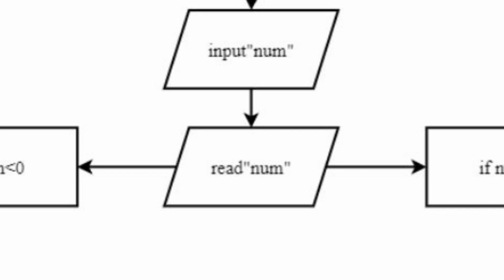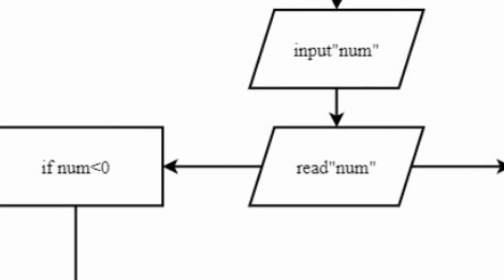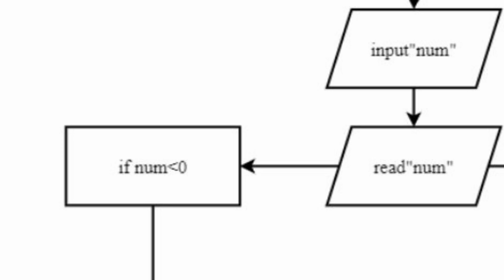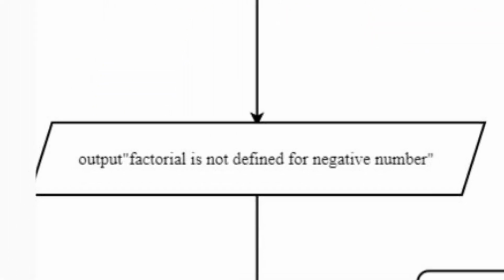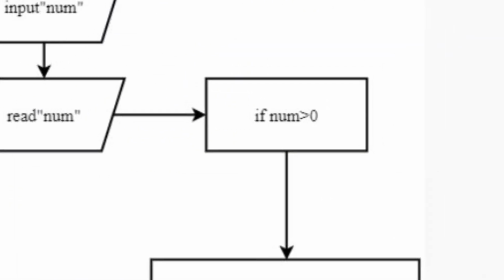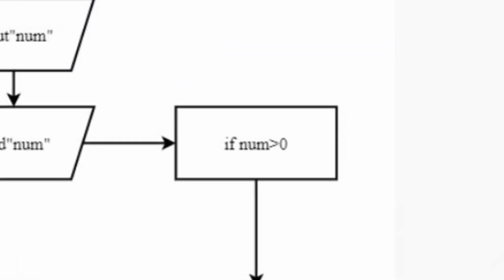Read is for checking the condition of num. If num is smaller than 0, go to output. The factorial is not defined for negative numbers because factorial cannot start from 0, it starts from 1. But if num is bigger than zero, follow the condition loop.